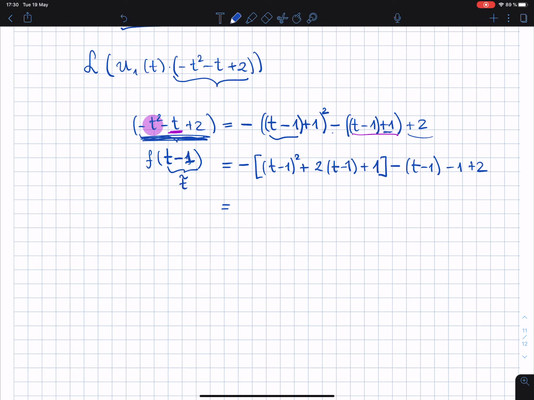So I will continue. And putting things together, we get t minus 1 squared. Then I have minus 2 times t minus 1 and minus t minus 1 again. So that's minus 3 times t minus 1. And then we have a minus 1 here.